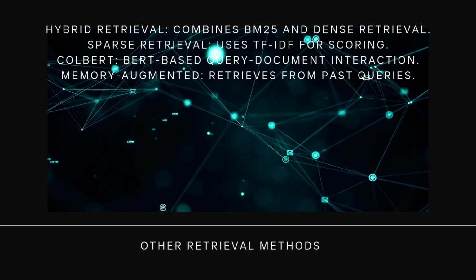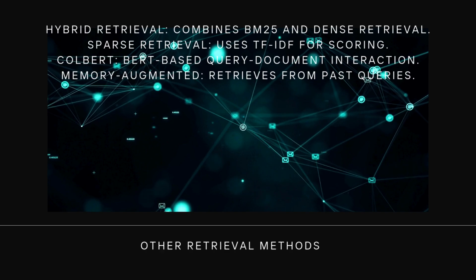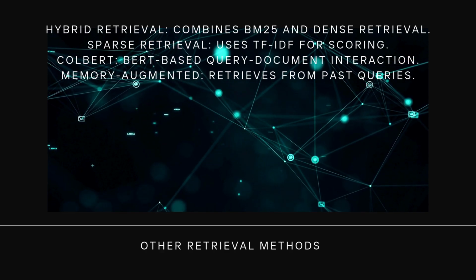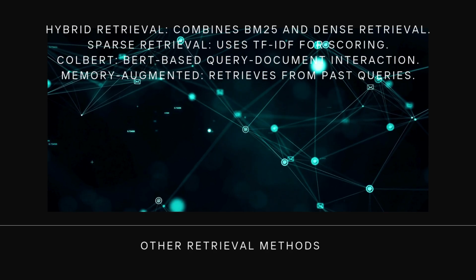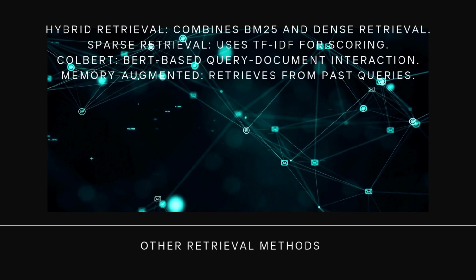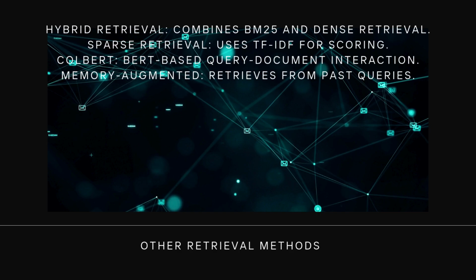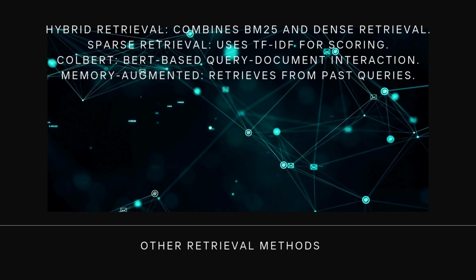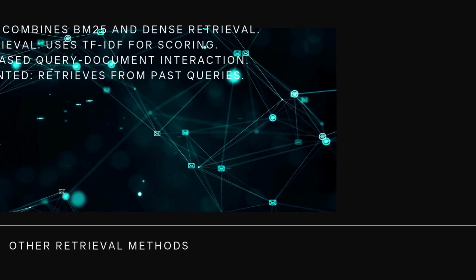ColBERT, contextualized late interaction, a retrieval model that applies BERT-like transformer models to evaluate document relevance, allowing for more granular interactions between queries and documents. Memory-augmented retrieval. This method stores past queries and documents, allowing models to retrieve information from previous interactions.